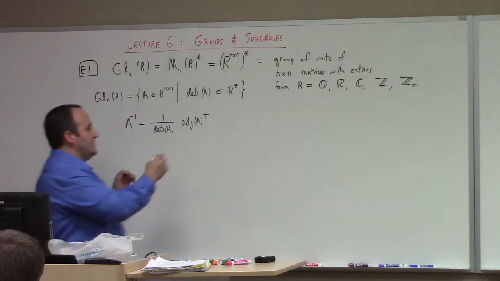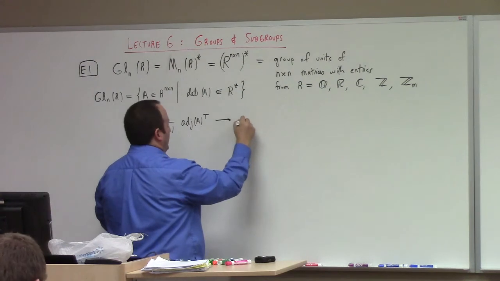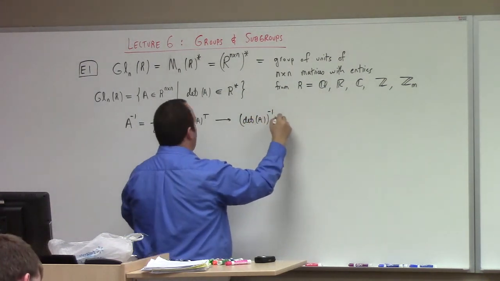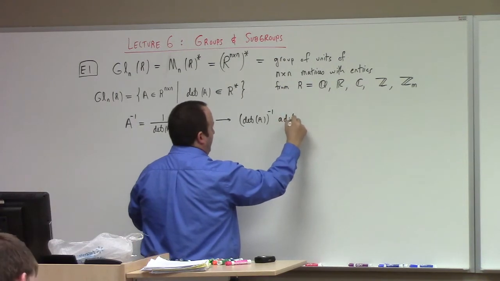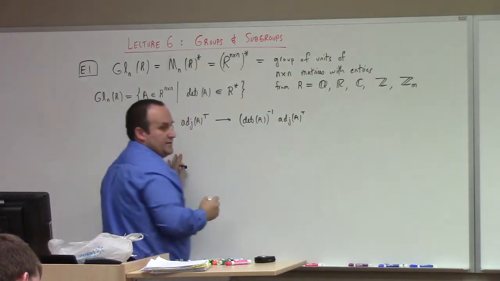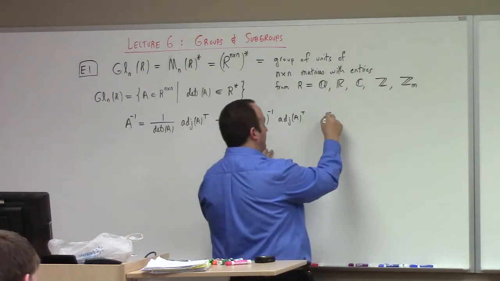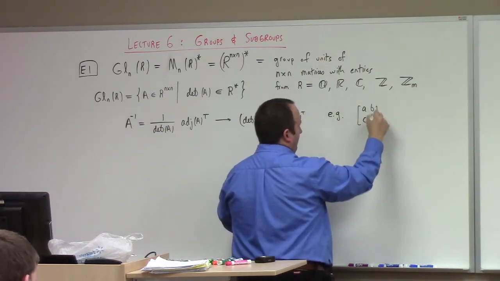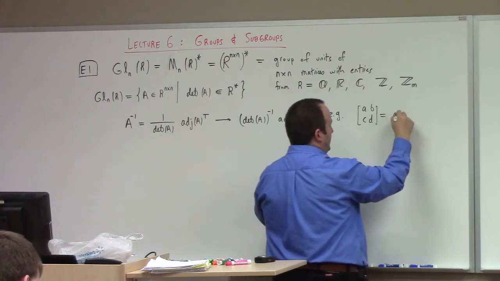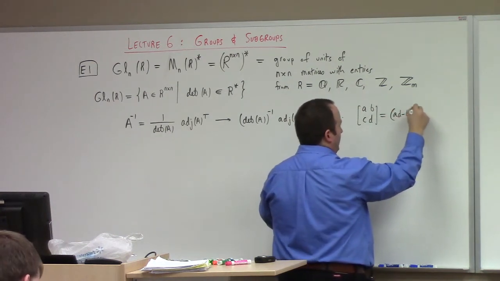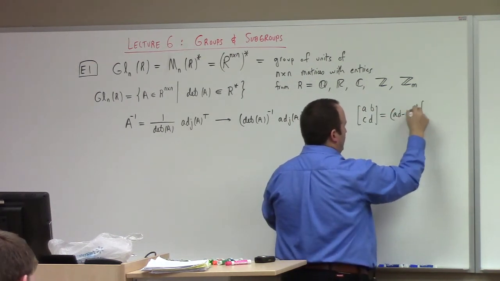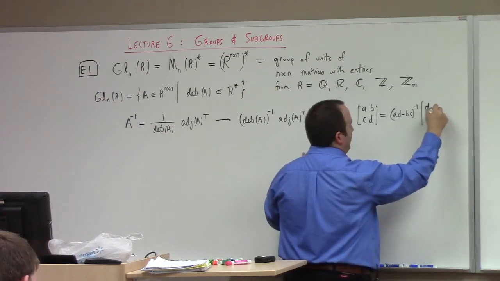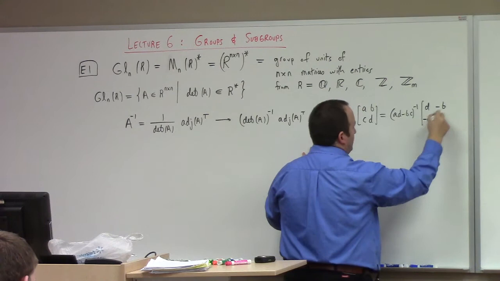And okay, so this needs to be interpreted as determinant of A inverse, the adjoint of A transpose. For example, if you look at A, B, C, D, its inverse is AD minus BC inverse, then the transpose of the adjoint is you flip the diagonals and you put minuses on the off diagonal. That's how the 2 by 2 goes. All right?